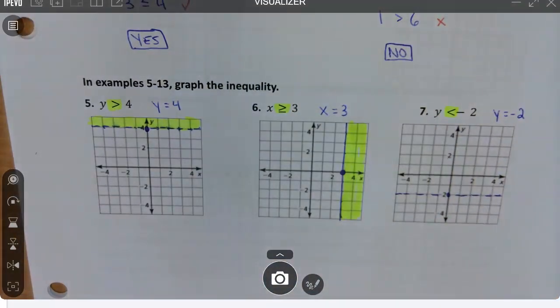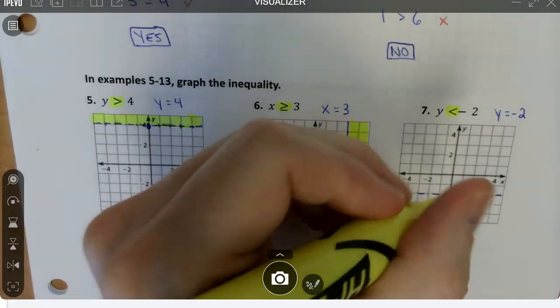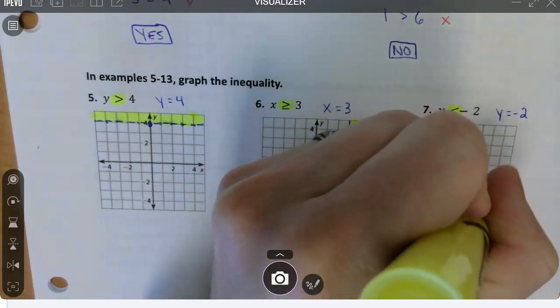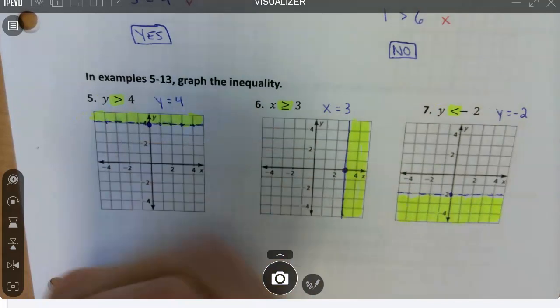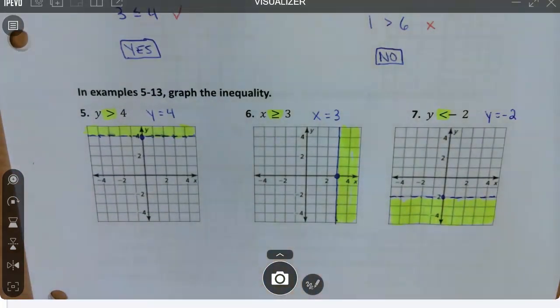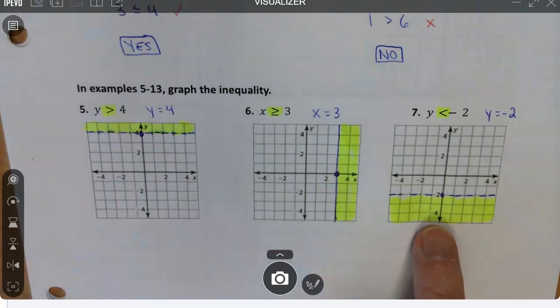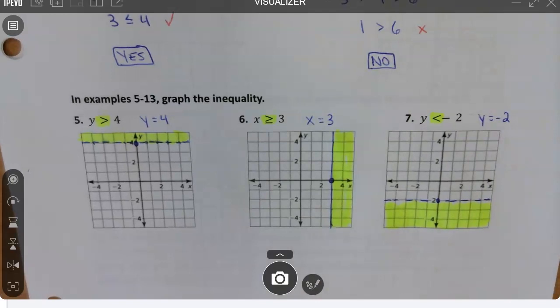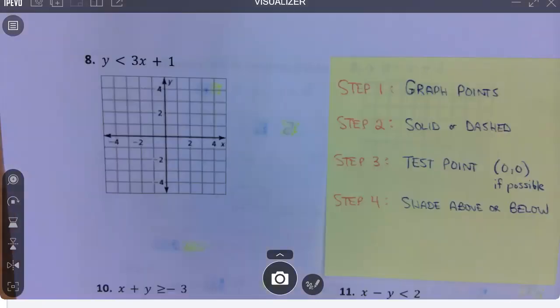And y is less than negative 2, where those are all the values that are below negative 2. Now, if we had more of a window in our graph, we would just shade as much of below the line as we can. But since my window ends right here, I only shade between the line itself and where my window ends.